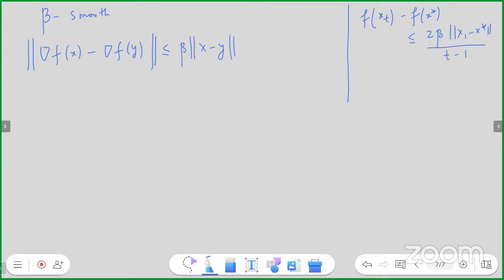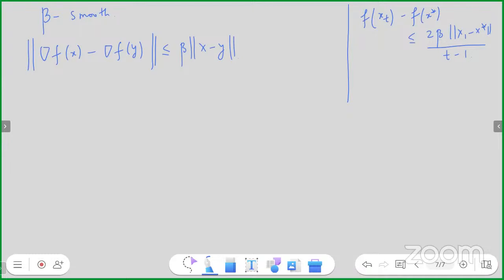Surprisingly, we still get 1 by T, but we do something in addition only in the numerator. So that is what we will try to prove. The rate of convergence will not change, unconstrained or constrained. It's only the numerator, so the additive term will be larger.